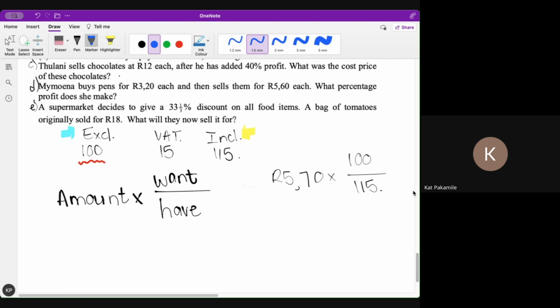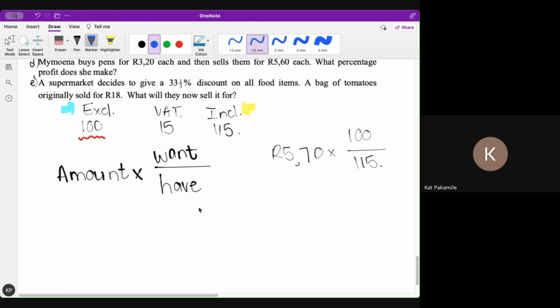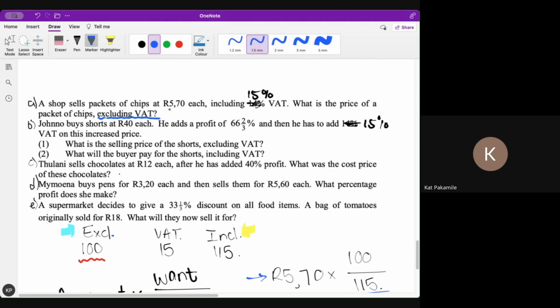Do we understand what want over have mean? So first you say price excluding VAT is your 100%, VAT is 15, which means inclusive is 115. Then you take whatever amount that you were given, and that amount must correspond with this over here. And as we have been told, this 5 rand 70 is including the VAT.